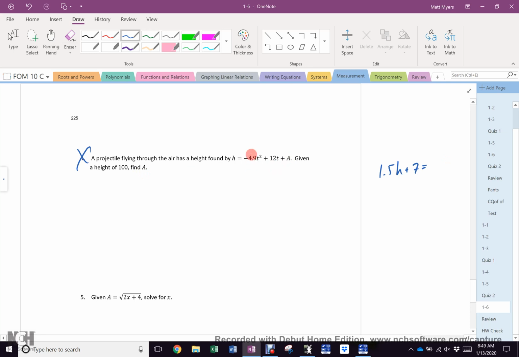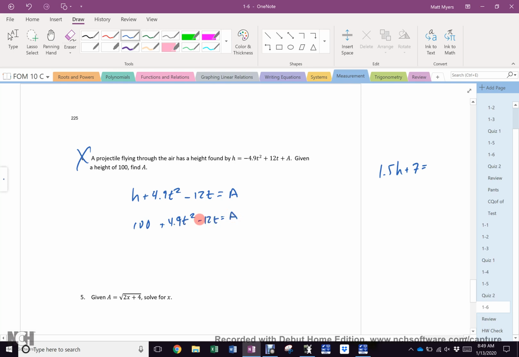How would I get rid of this negative 4.9t? I'd add it. So I would have h plus 4.9t squared. How would I get rid of this 12? Minus 12t equals a, right? Given a height of 100, where does that 100 go? So 100h, right? Plus 4.9t squared minus 12t equals a.